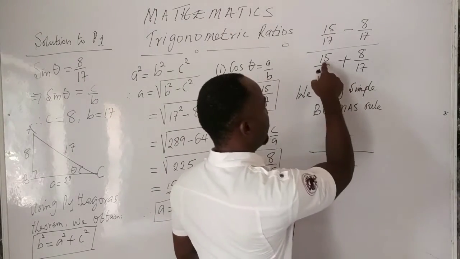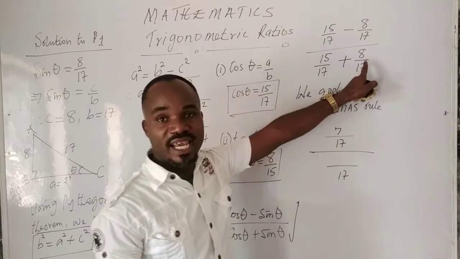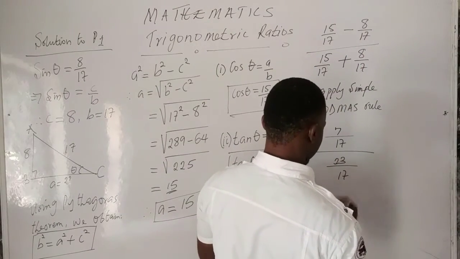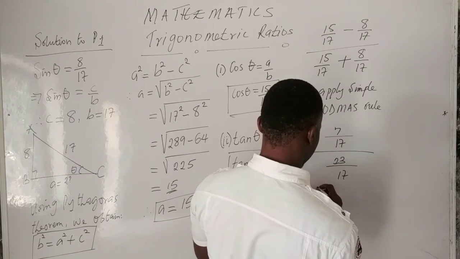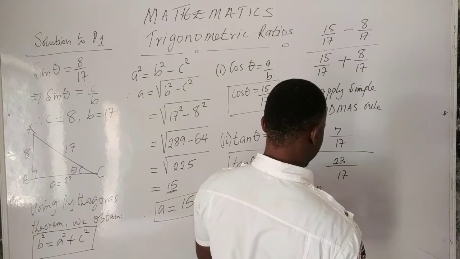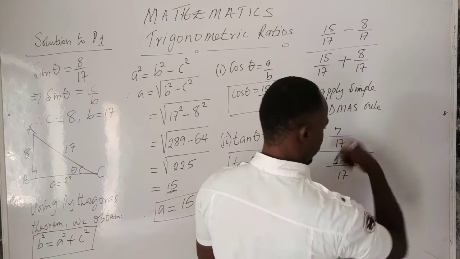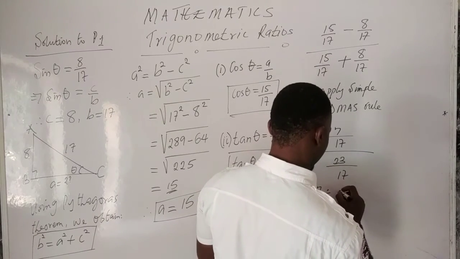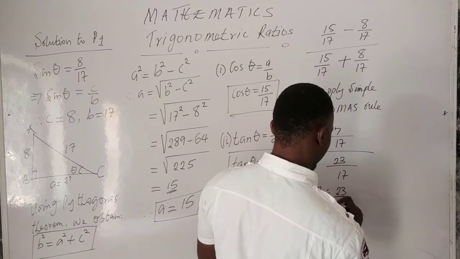And then 15 plus 8 gives 23. So we have 23 all over 17.